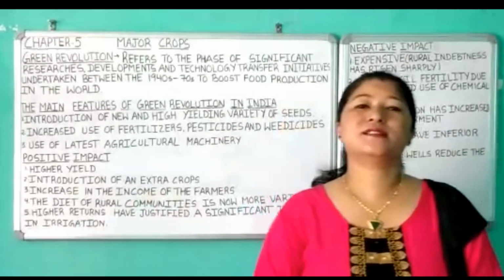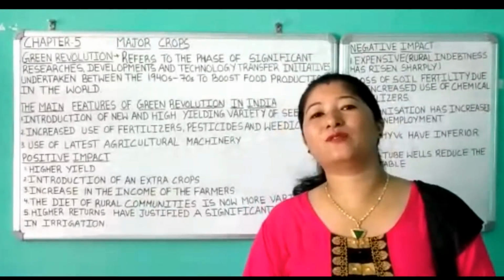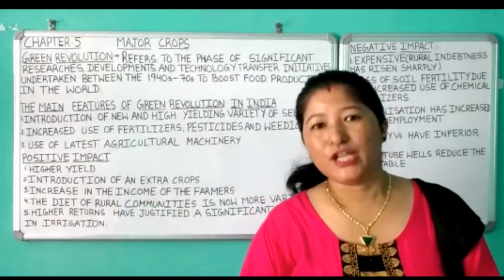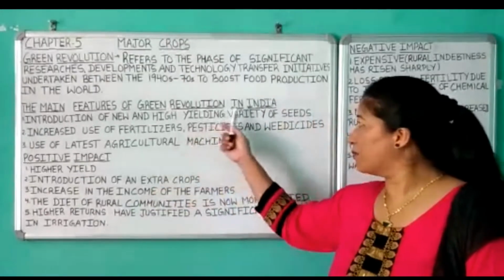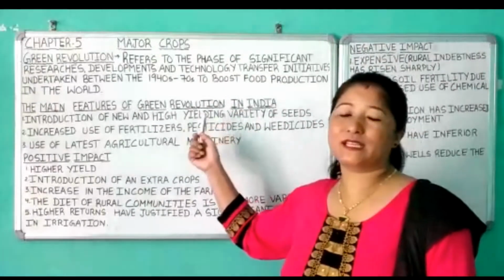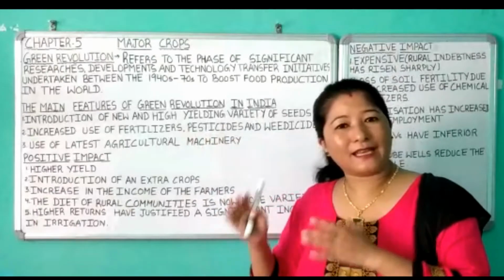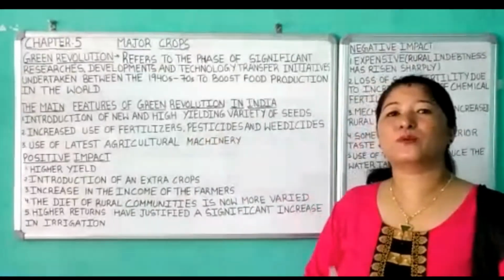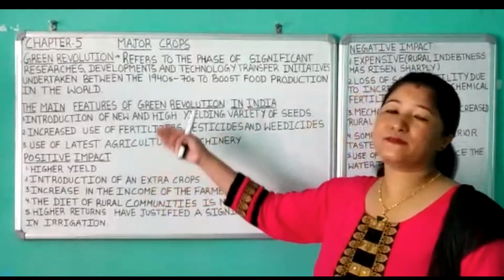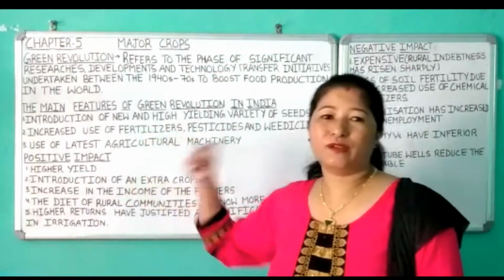Irrigation is the artificial means of supplying water to the field at the right time and in the right amount. Because of the use of modern seeds, pesticides, fertilizers and all, the scope of irrigation in our country has expanded. So these are some of the positive impacts of Green Revolution.